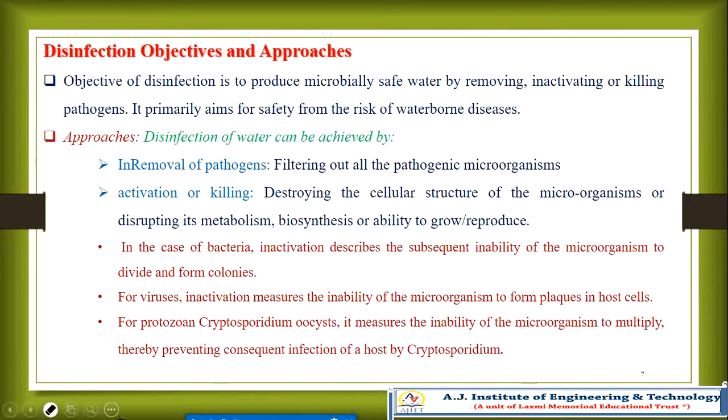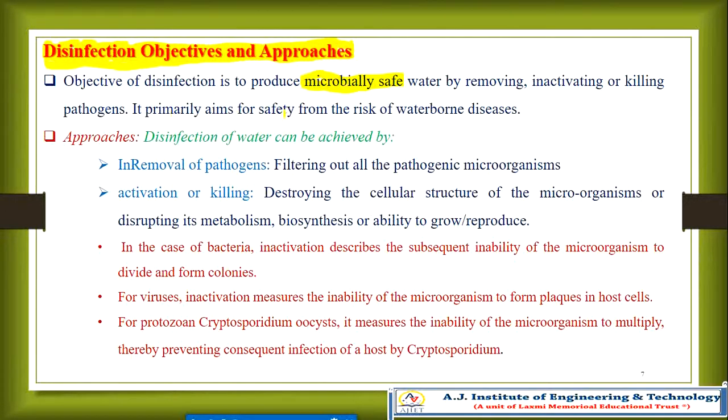What are the objectives of disinfection, how do we approach it? The objective of disinfection, as I already mentioned, is to produce microbially safe water by removing, inactivating or killing pathogens.